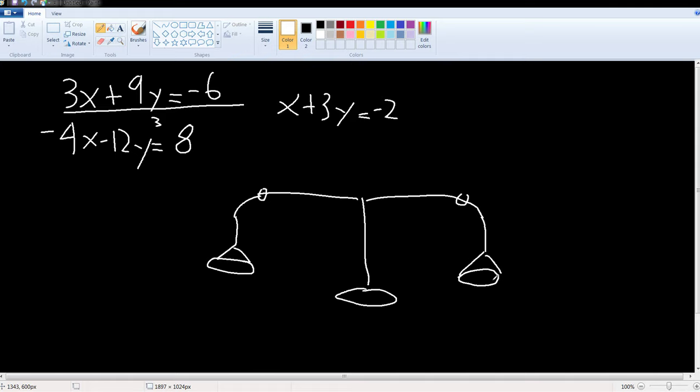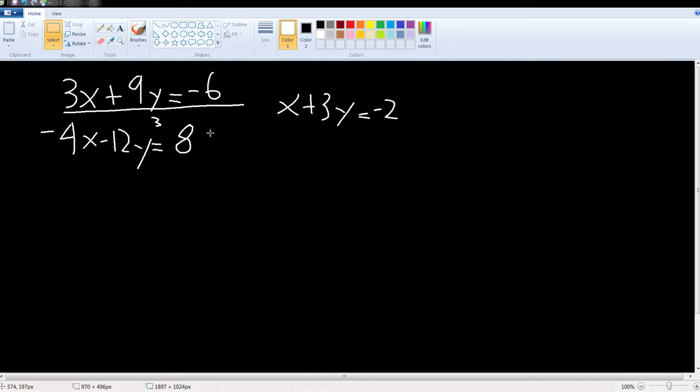The scale is 3x plus 9y, and this is negative 6. We're saying they're equal. So as long as we do the same operation, dividing by 3, it's still equal. This will still be an equivalent relation. That's always a good way to think of equations. What does it mean to be an equation? What does the equal sign tell us?